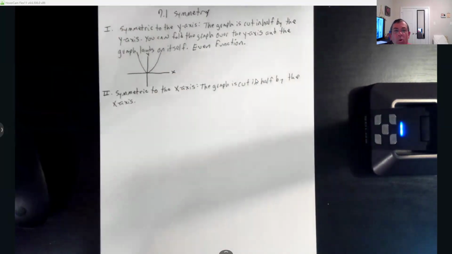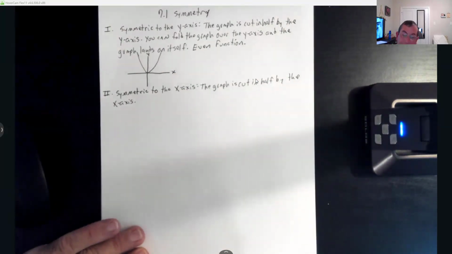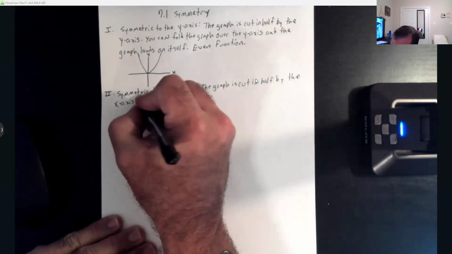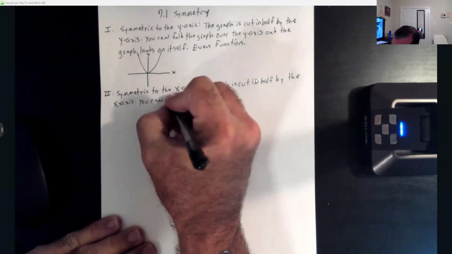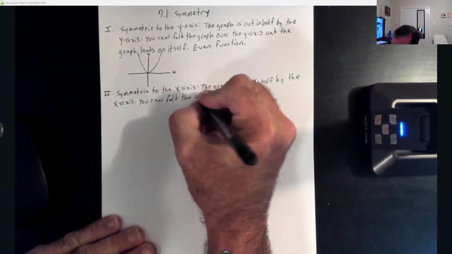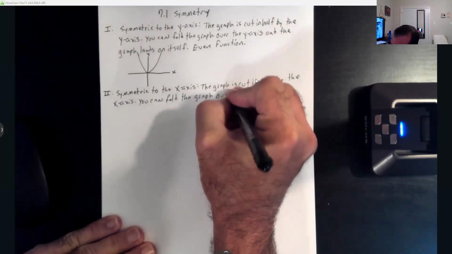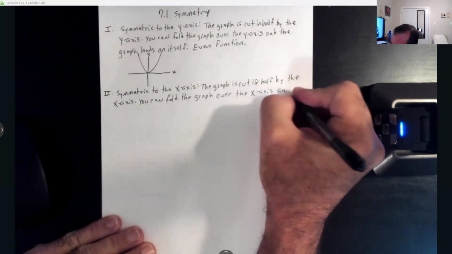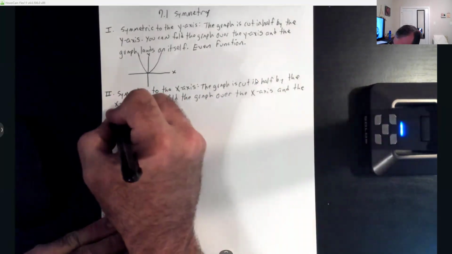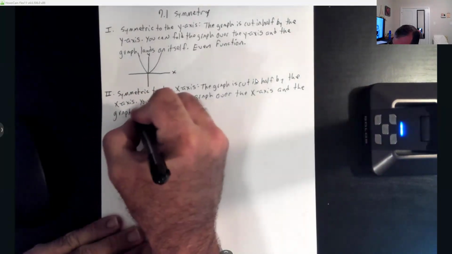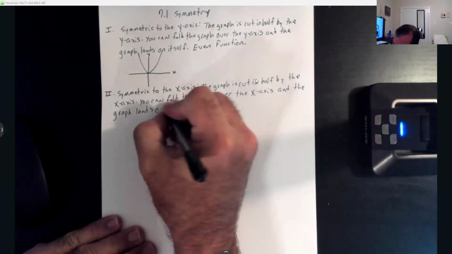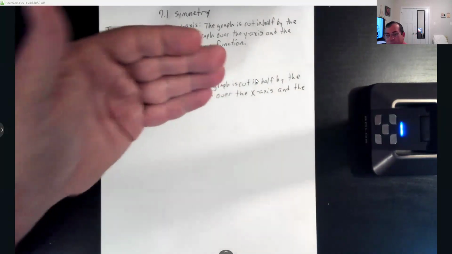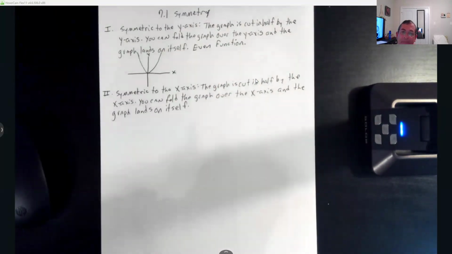So that means if you fold the graph over the x-axis, it'll land on itself. Okay, so folding it over the x-axis, it'll land on itself.